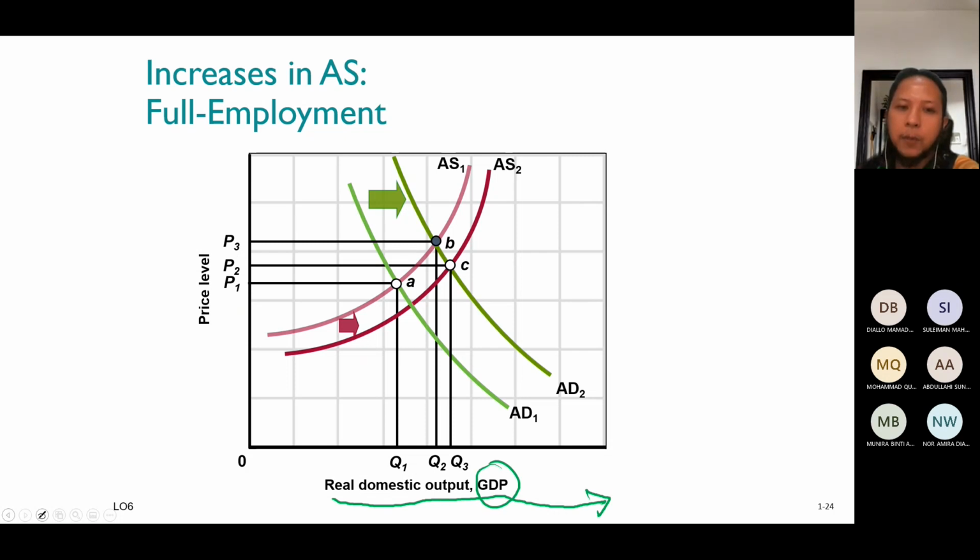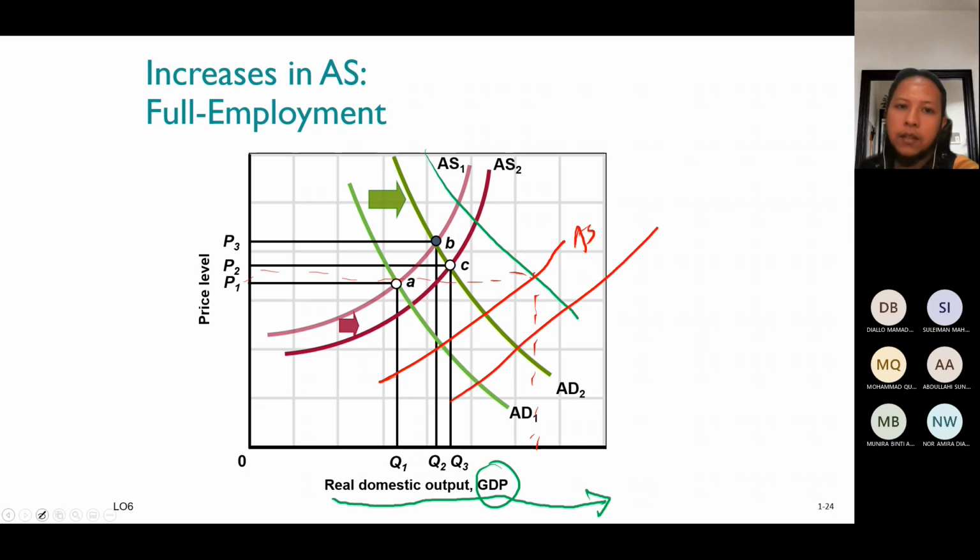In order to move to the right, there must be the role of both AD and AS. So AD and AS must always be shifted to the right. When they both move to the right, eventually the levels of GDP will increase.